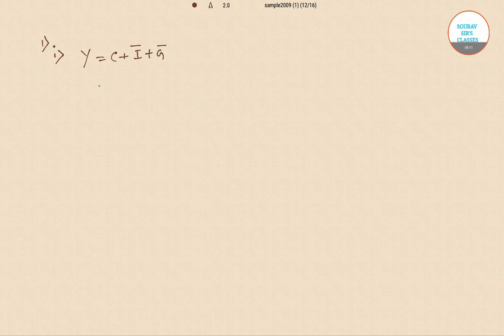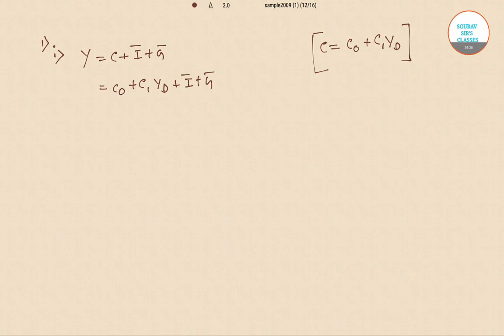Now here C is denoted by C naught plus C1 YD. As you can see, we have already mentioned the consumption function is C naught plus C1 YD, and I and G are constant, so we would simply write it. In the later part we will see they get cancelled out.